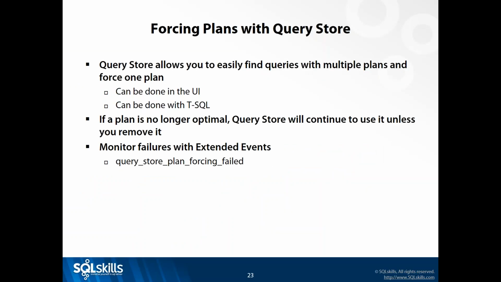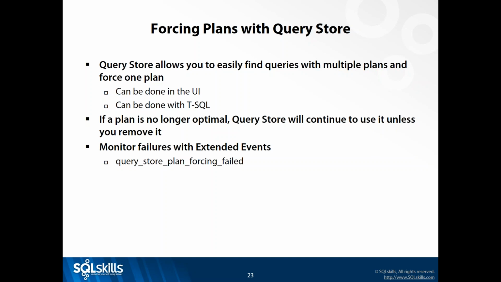Now, a couple notes about plan forcing. This is not the same as a plan guide. So it's not a replacement for a plan guide. It is a different entity. And so with Query Store, you have the ability to find a query that's got multiple plans, and we've seen that already.